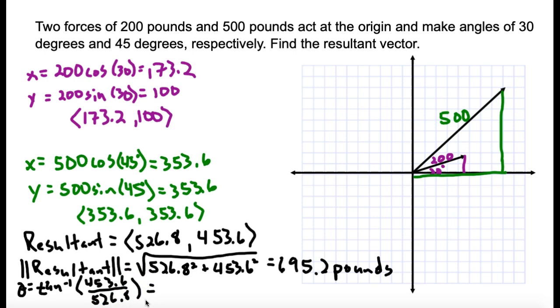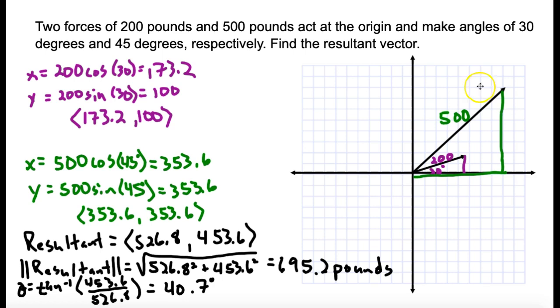So that will get me an angle of 40.7 degrees. So if these two forces are acting on some object, the end result will be this object is being pulled or pushed, whatever is happening, with a force of 695.2 pounds at an angle of 40.7 degrees.